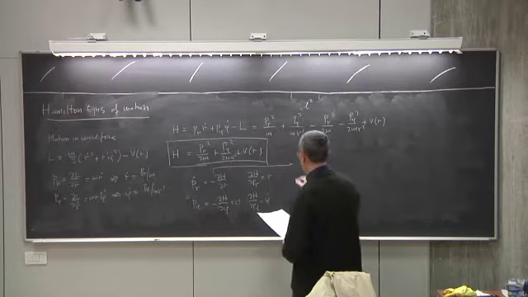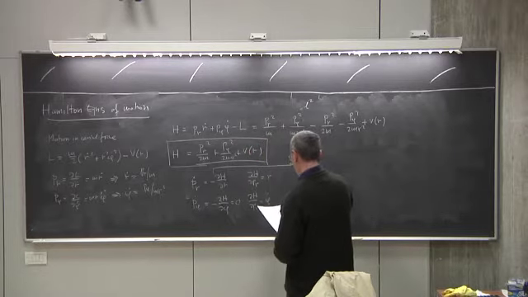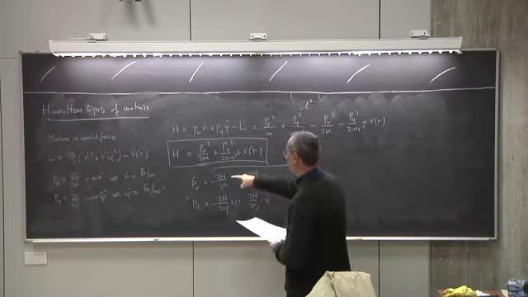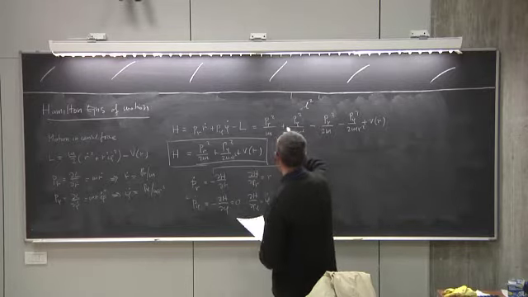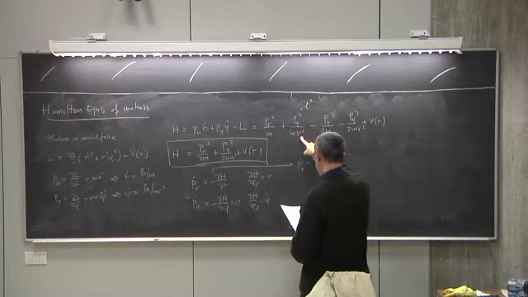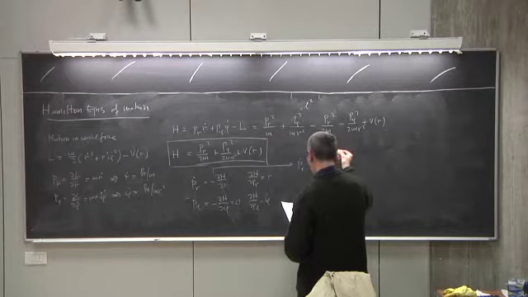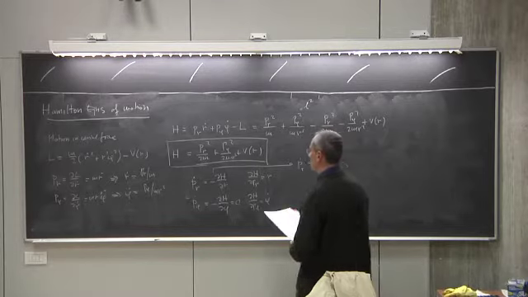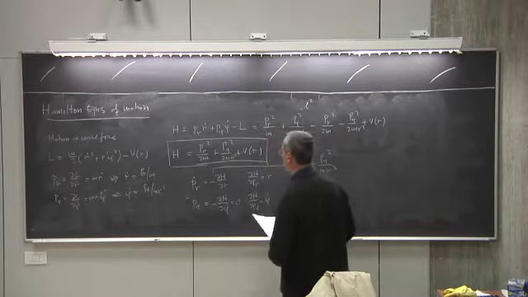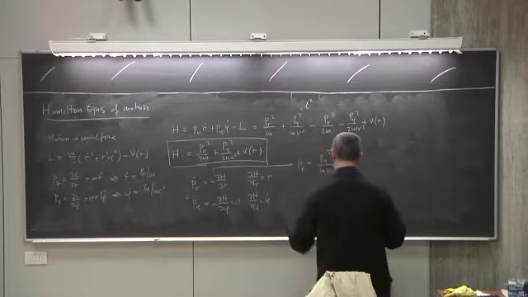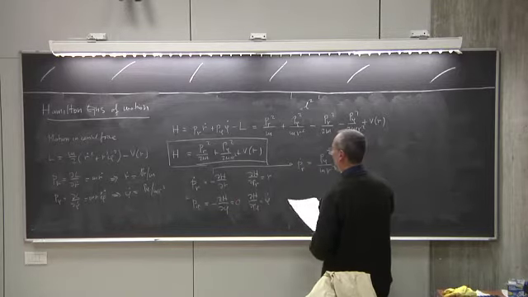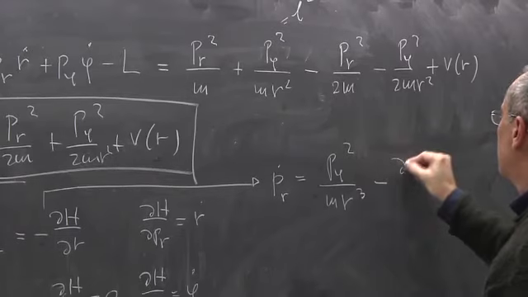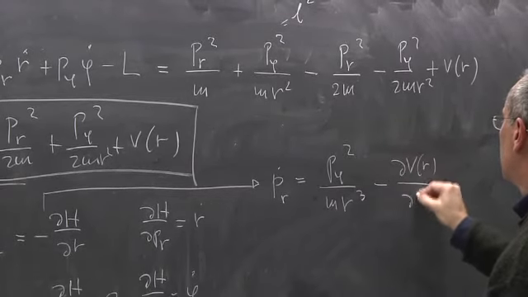That tells you that p_r dot is equal to minus dH/dr. So you see you have a term here: p_phi squared, that is a constant, divided by m r cubed, with a minus, so this becomes plus, minus dV/dr.